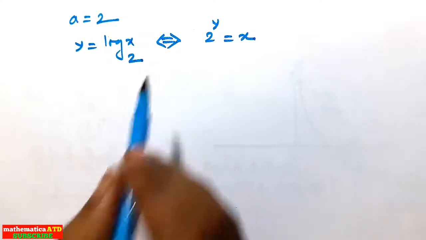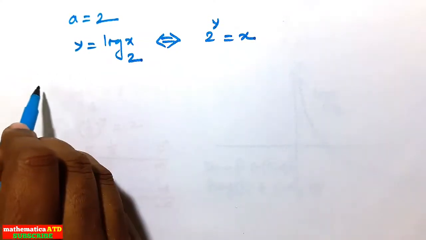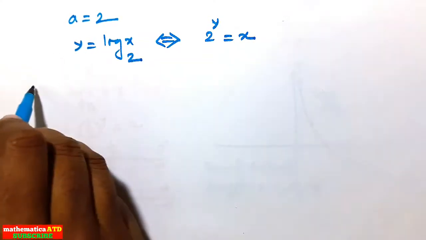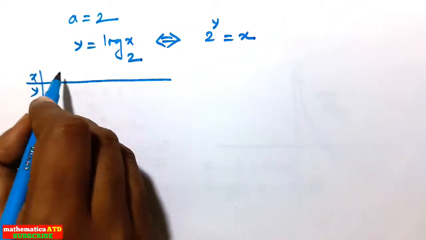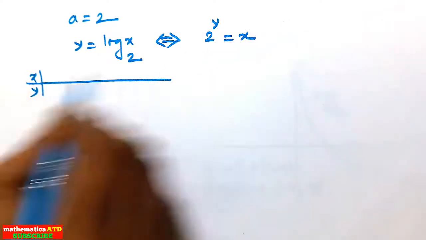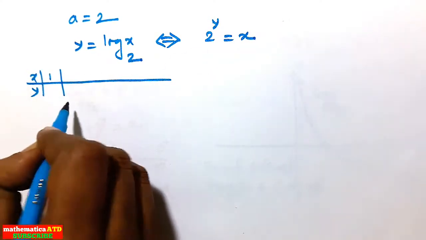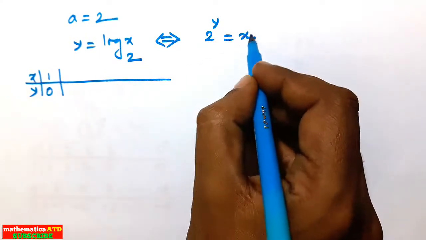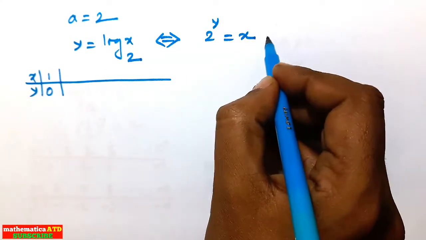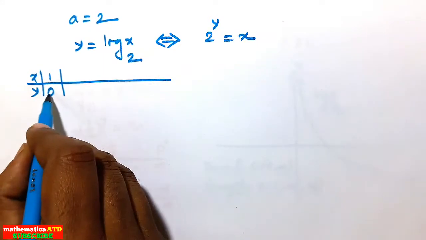Now we shall take two sets of values of x. First we take x is equal to 1. So y will be 0, because 1 is equal to 2 to the power 0.